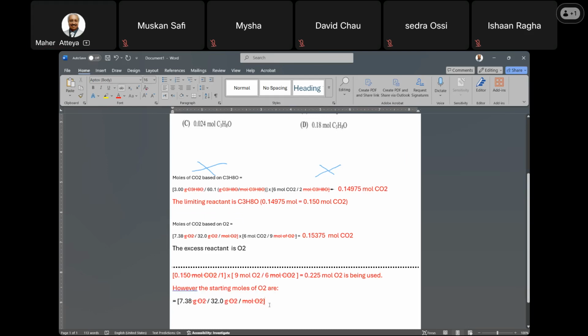So on this, let's calculate this. How many gram moles will that be? Equal to, so 7.3, let's calculate here.